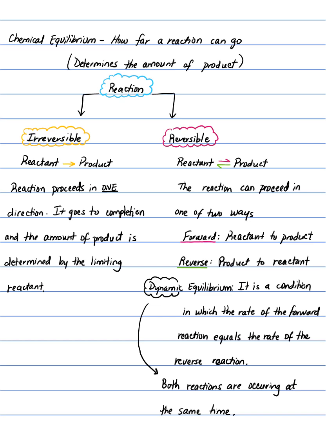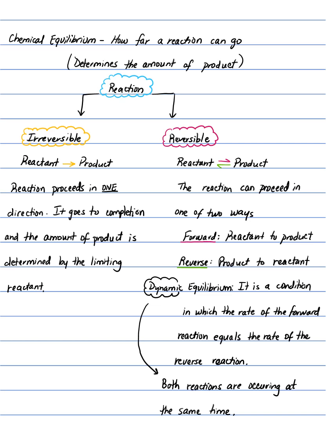That is what dynamic equilibrium is, and it's dynamic because that is constantly happening. So for reversible reactions, the amount of product being formed is going to be determined by that dynamic equilibrium.